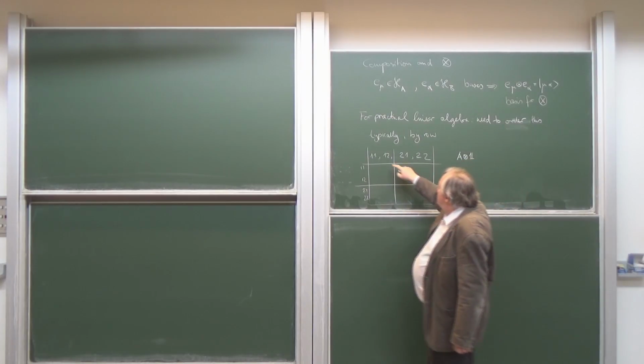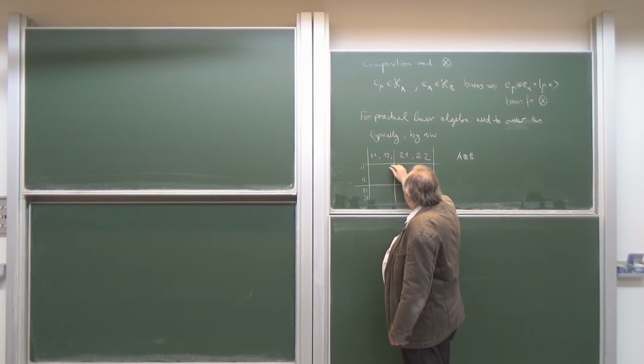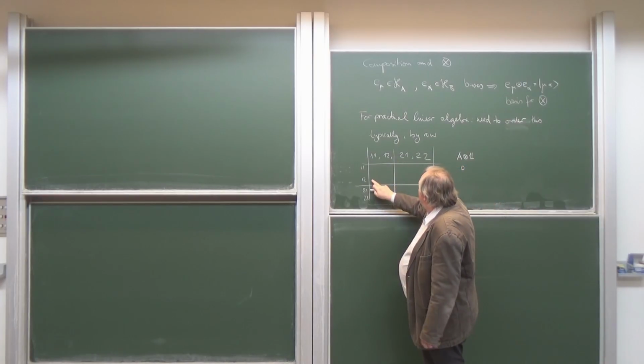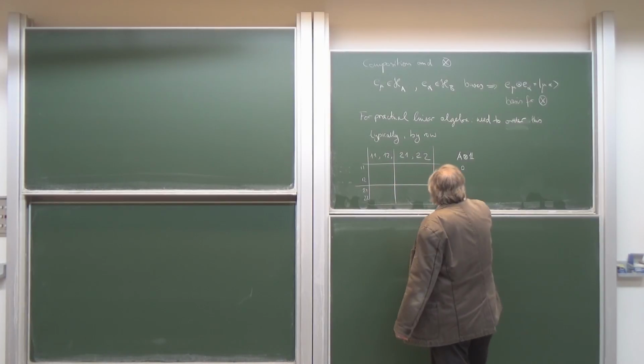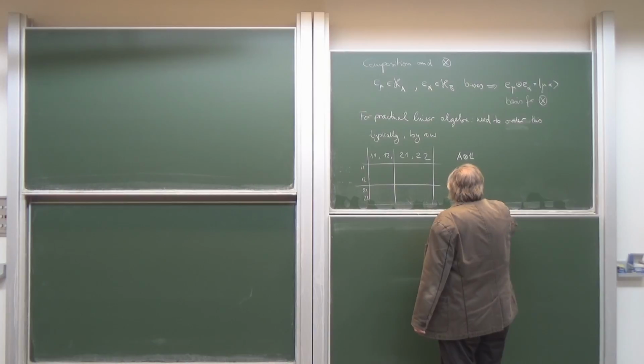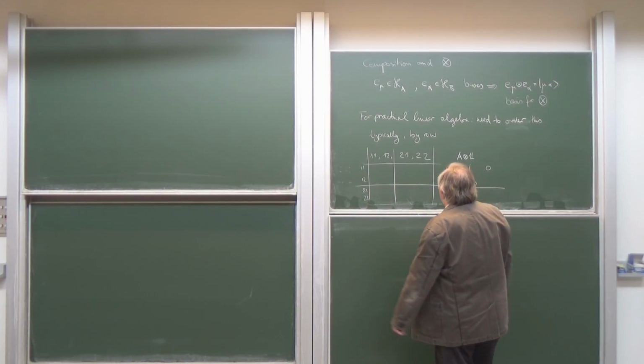Now here you have an element where the second index differs, so this would have a 0 there. And here also the second index differs, so you have a 0 there. So you have something diagonal here.